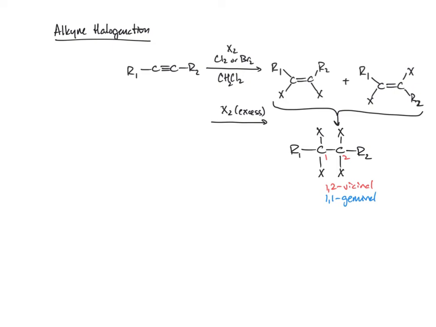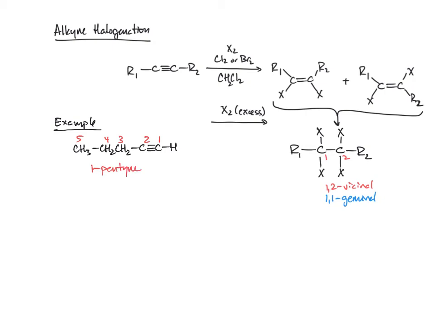So let's look at an example of that. If we were to start with this molecule, let's go ahead and figure out what the name here is. So 1, 2, 3, 4, 5. So we're starting with 1-pentyne.